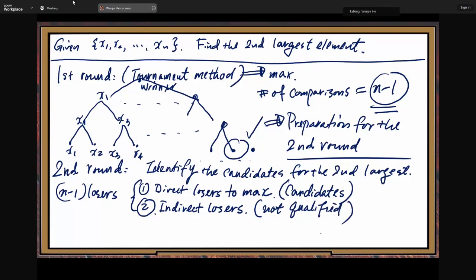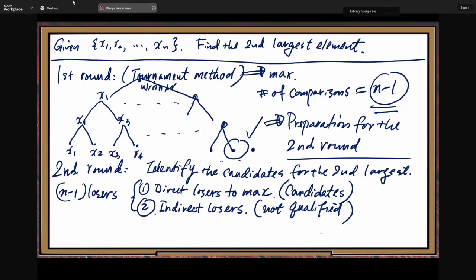Because for the second group of losers, let's select one arbitrary player from the second group. This player was beaten by another player, but that player got beaten by max.